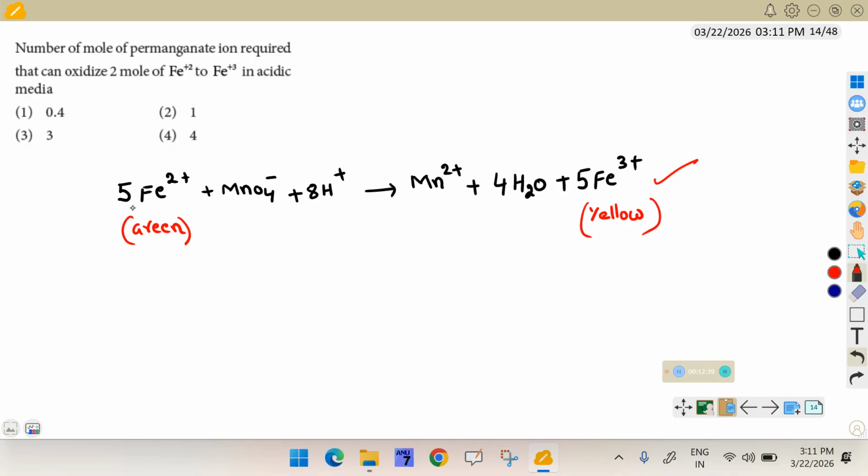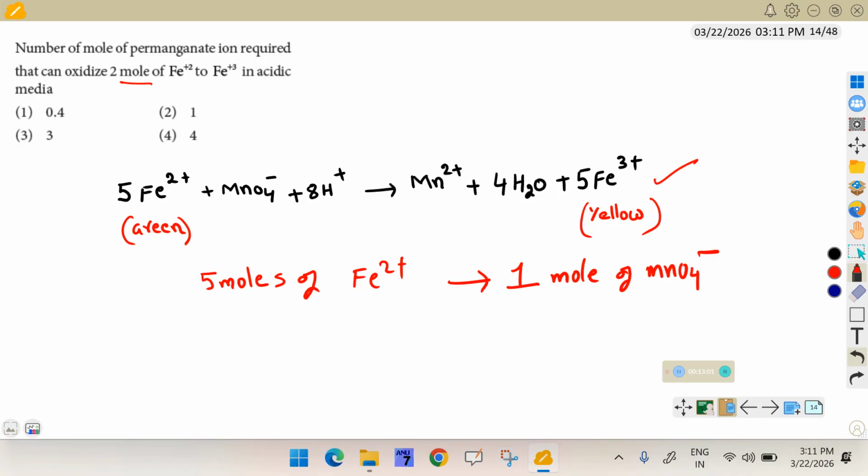So first of all, ferrous ion is converted to ferric ion. According to this equation, 5 moles of Fe2 plus requires 1 mole of MnO4 minus.